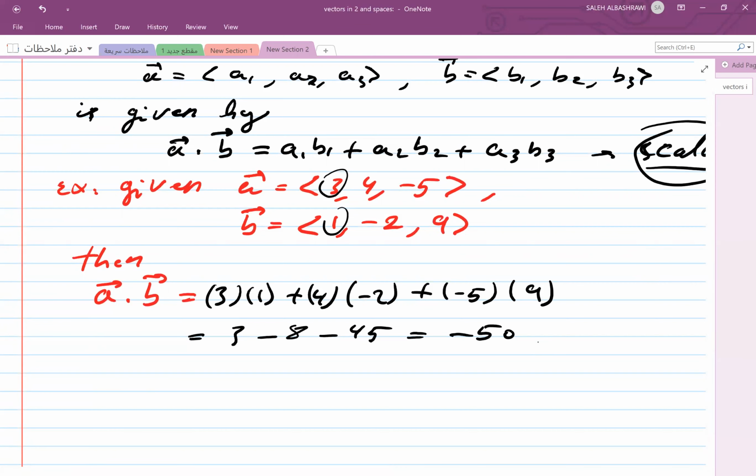For the dot product, we have some basic properties. Let's state these properties now.